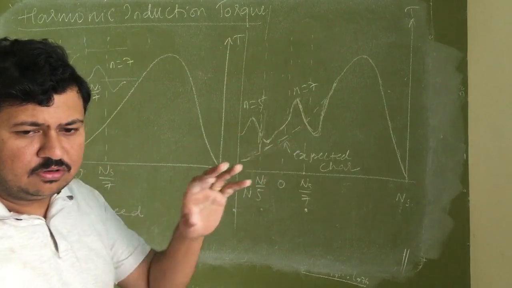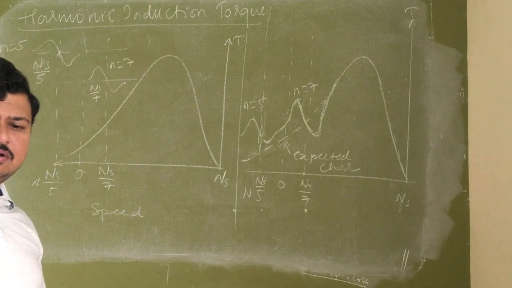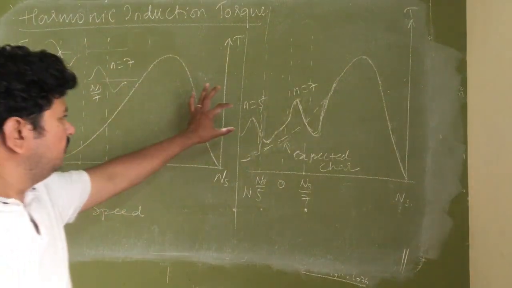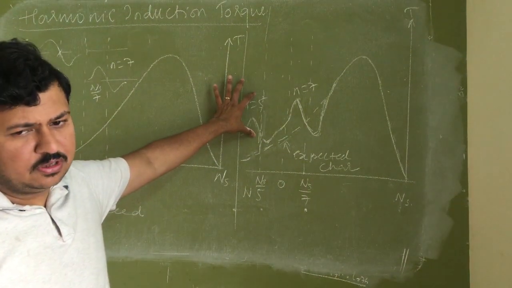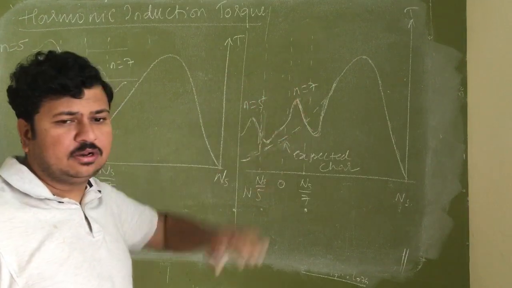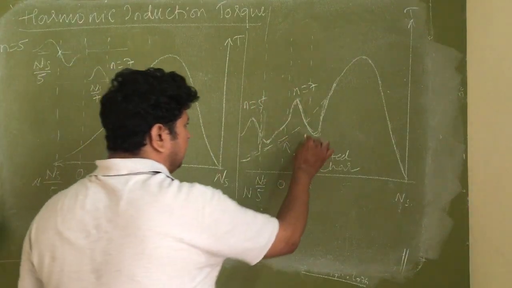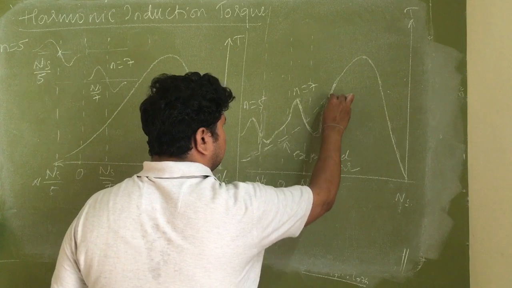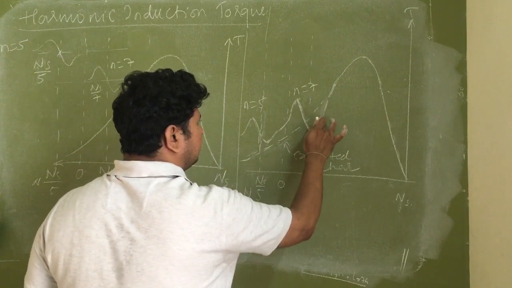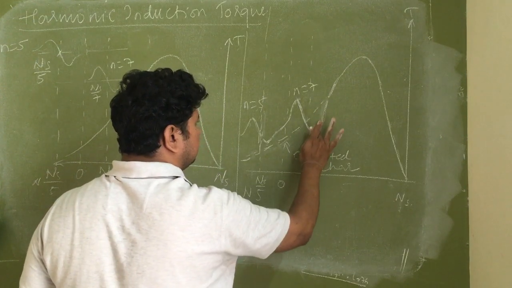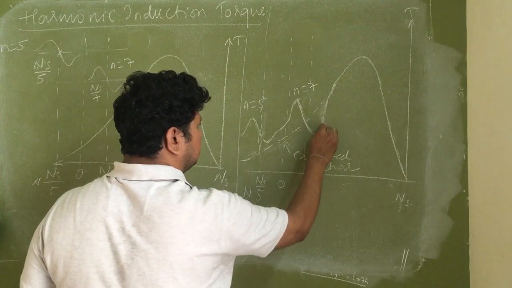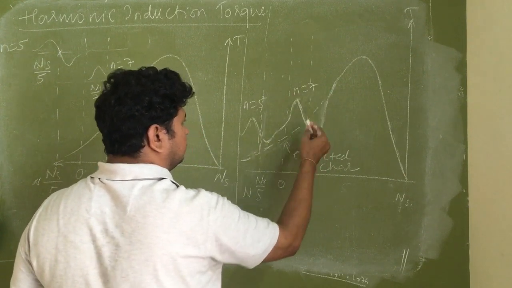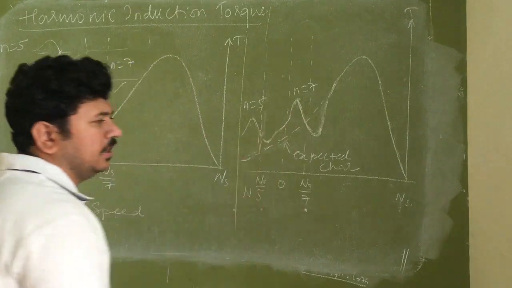So there is no effect observed from the fifth order harmonic induced torque. But what about the seventh order harmonic? You observe here there is a large dip in the characteristic.